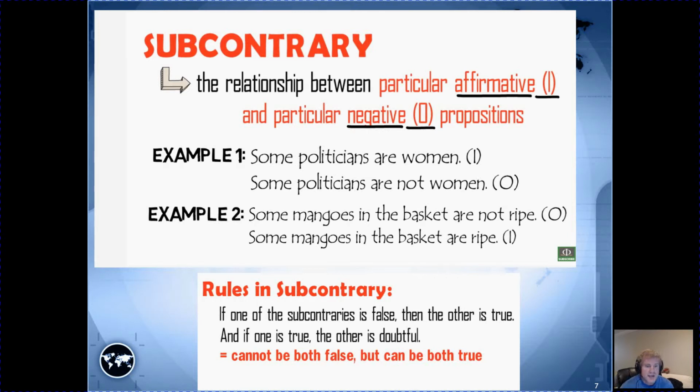Some mangoes in the basket are not ripe. Some mangoes in the basket are ripe. Okay? So if one of the sub-contraries is false, then the other is true, or if one is true, the other is doubtful. All right, this means both cannot be false, but both can be true. Okay? It can be true that some politicians are not women.